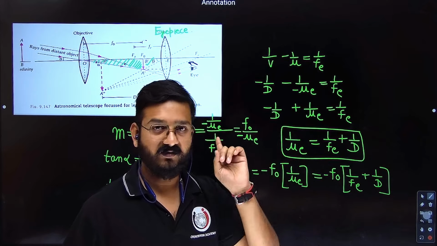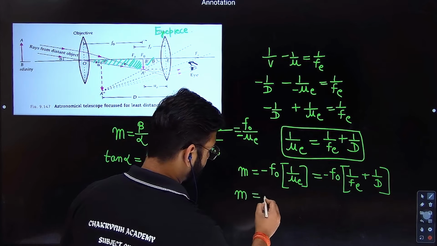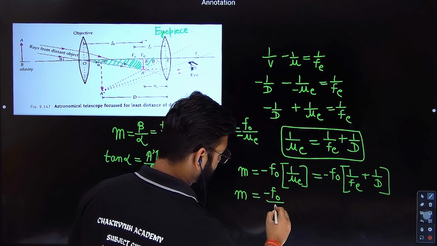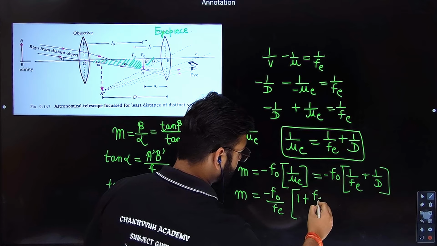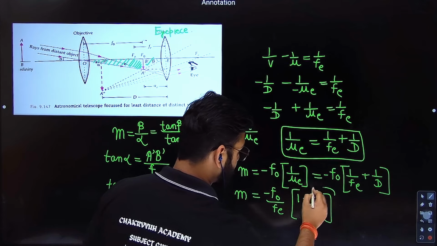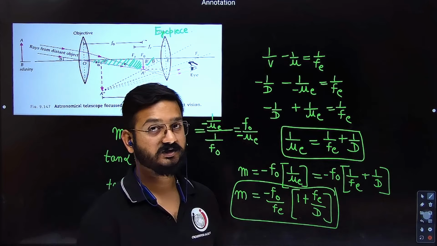Anything is fine. So it will be minus F naught by FE. Now multiplying by FE, this becomes 1 plus FE by D. This is the final expression for the magnifying power of an astronomical telescope.